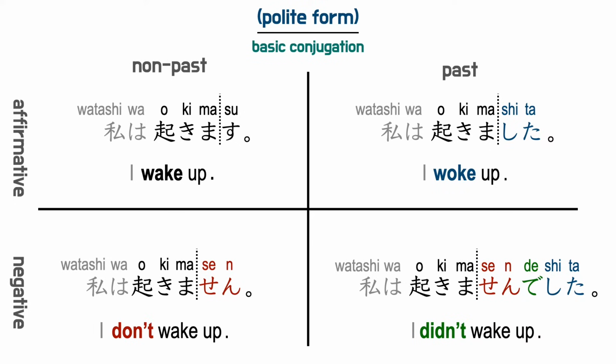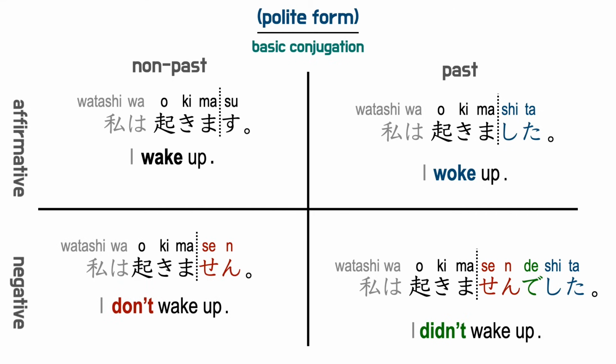Just change the very last part. And 起きます can also mean I will wake up or I'm gonna wake up. 起きません can also mean I won't wake up or I'm not gonna wake up.